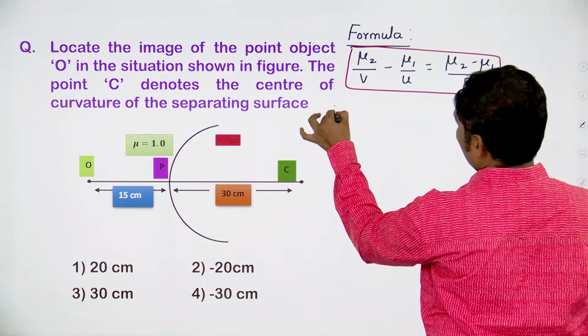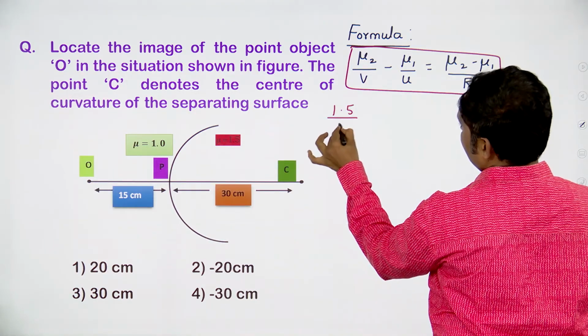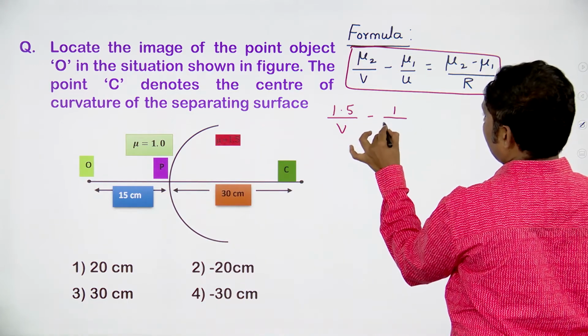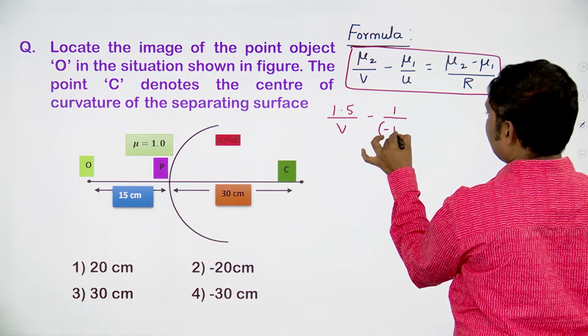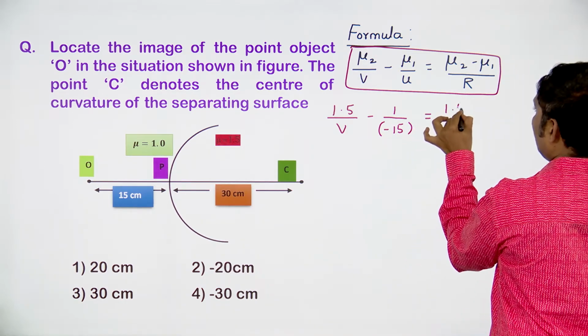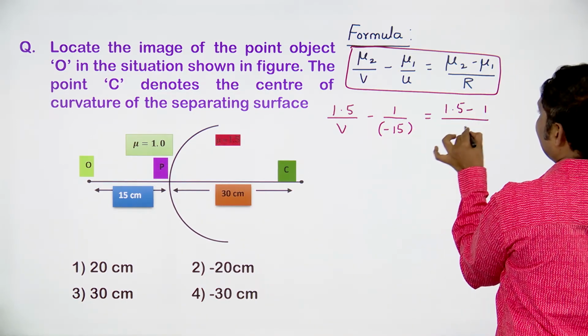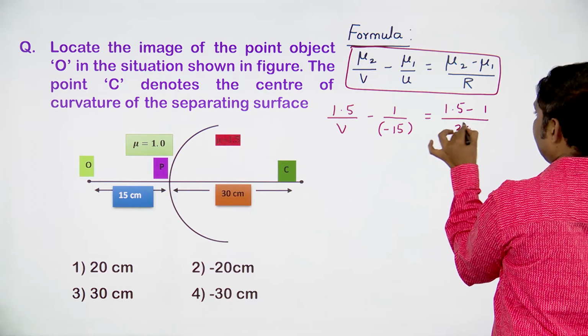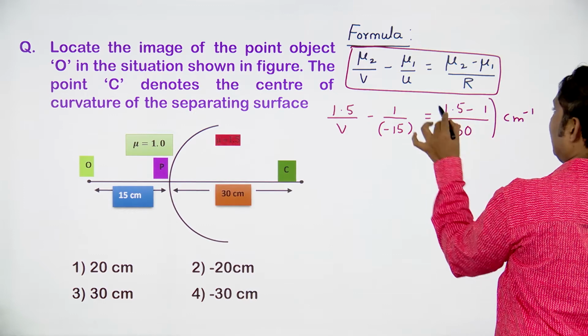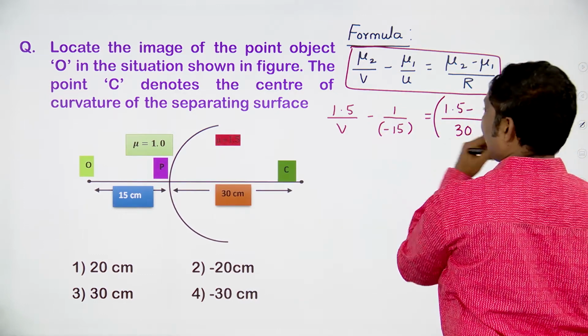That is 1.5 by V minus 1 by minus 15 centimeter is equal to 1.5 minus 1 by 30 centimeter inverse. Centimeter inverse we have to consider.